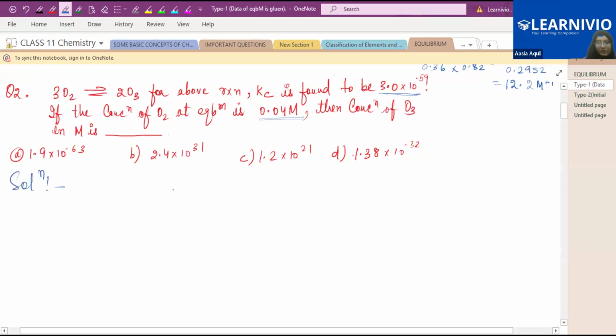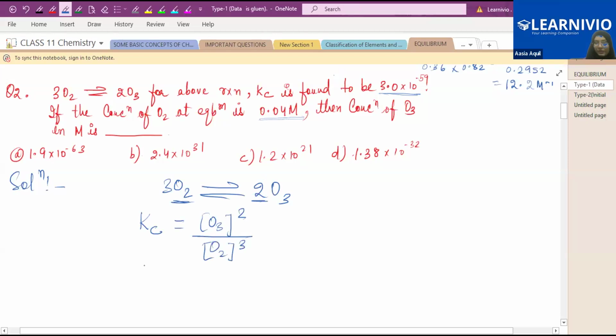So we have this reaction. Always try to write down the Kc equation. What will be the Kc? The concentration of O3 raised to the power 2 upon the concentration of O2 raised to the power 3. The value of Kc is already given in the question, so substitute the value.